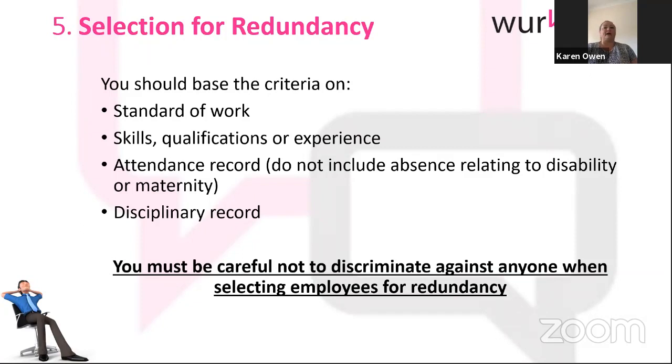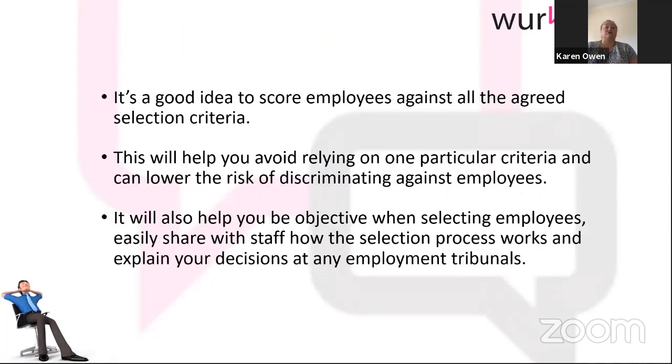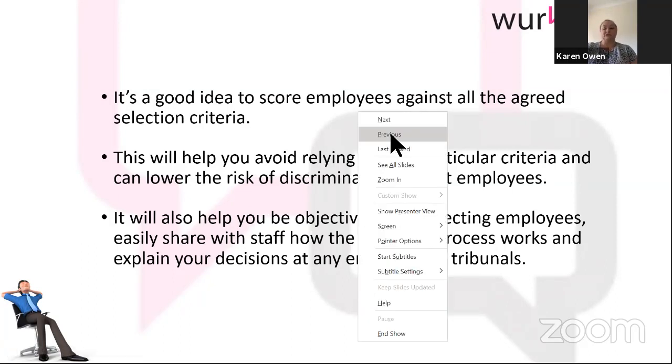And what I mean by that is parental, paternity or adoption leave. You can't select on a role as an employee because they're a trade union representative. You can't select on whether they're full or part-time, and also paid working hours. One thing to be really clear on is during the coronavirus pandemic, you must not select employees for redundancy just because they're shielding.